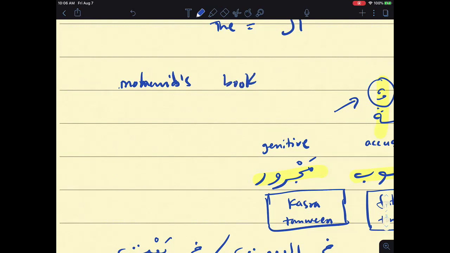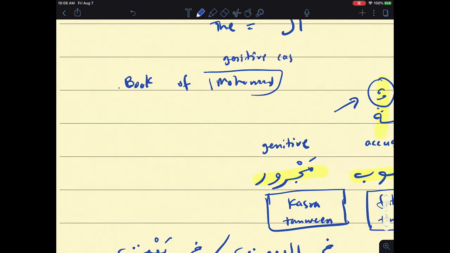That means the book of Muhammad. When you say book of Muhammad, both are the same thing. Then they will say Muhammad is in the genitive case.